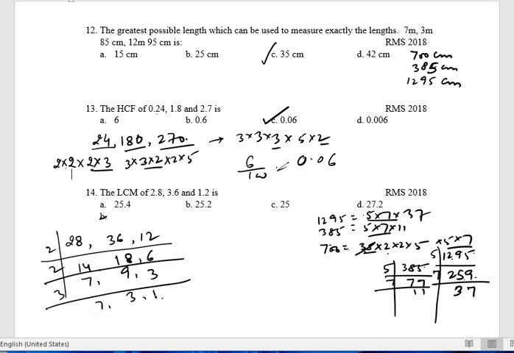So this is the number we have got. 7 3s are 21, 21 2s are 42, 42 2s are 84, 84 by 3. 8 3s are 24, carry 1, 24 plus 1 is 25. And as we have multiplied all the numbers by 10, we have to divide by 10. So 25.2 is the right answer.